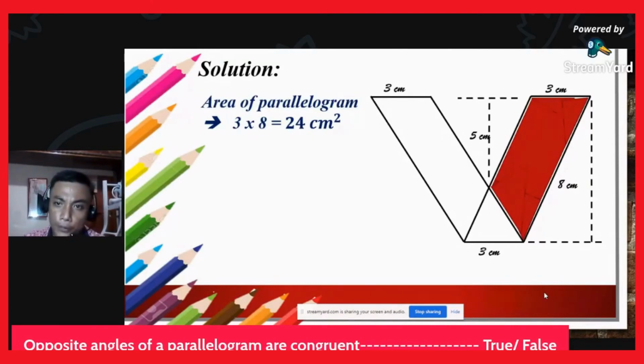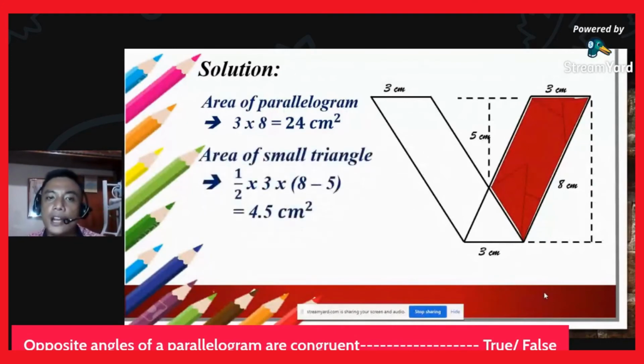But we're going to find the area of the shaded region. First, we find the area of the triangle below that we can see. The area of this small triangle is 1/2 times 3 as the base, and its height is 8 minus 5, which is 3.